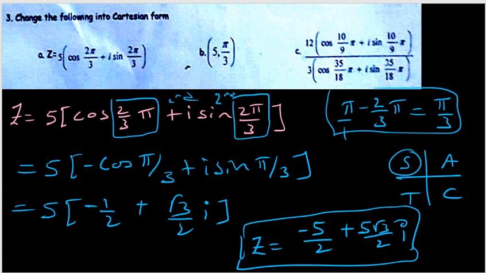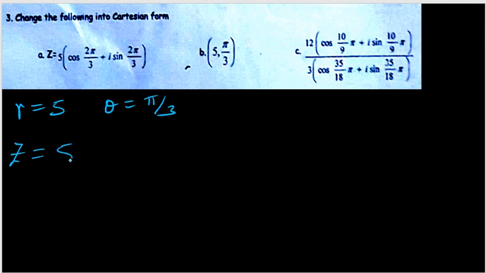Next one, we have the r and the theta. R is equal to 5 and theta is equal to pi over 3. So the z will be 5 cosine of pi over 3 plus i sine pi over 3.